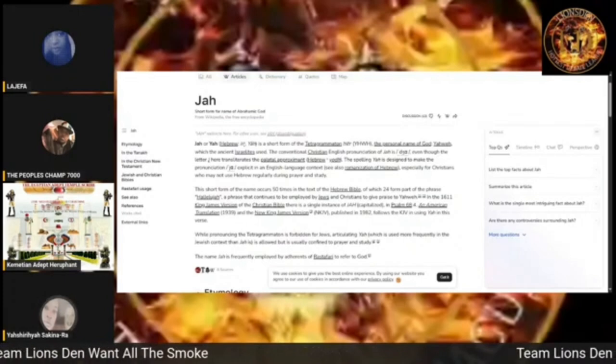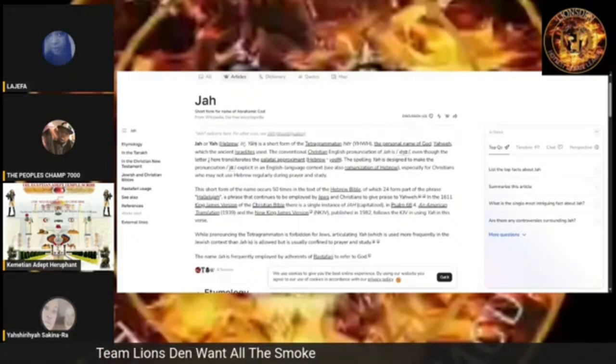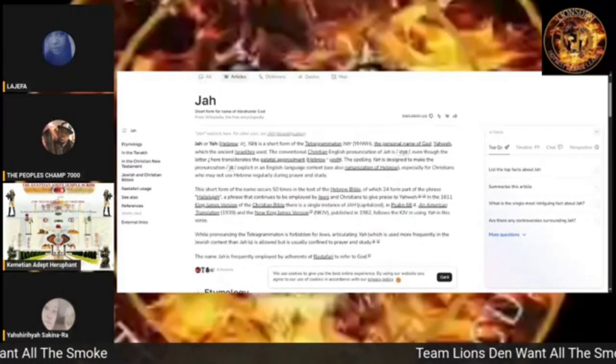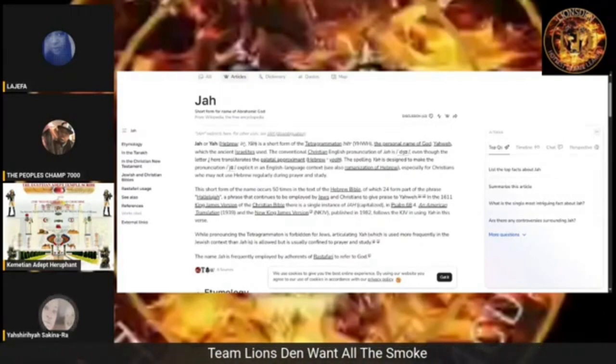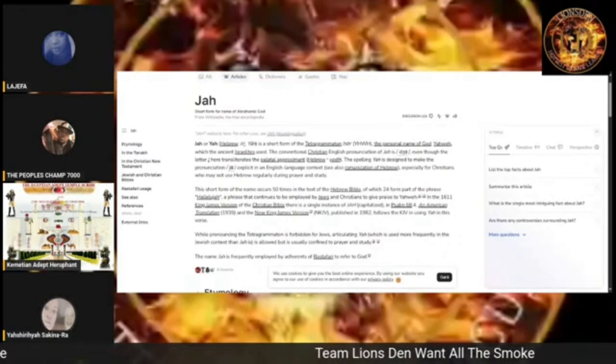We know that in the beginning, the Medu Neter was an oral language. So we know that in the Middle Kingdom, it became written. And somewhere along there, the Ptolemaic Kingdom came in, and this is when written language came in.